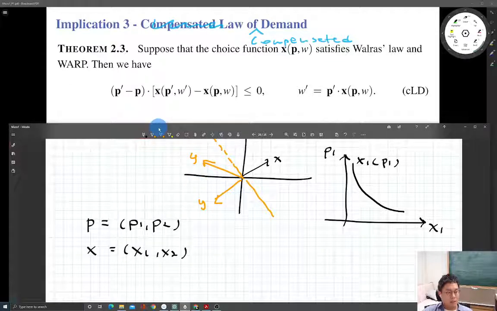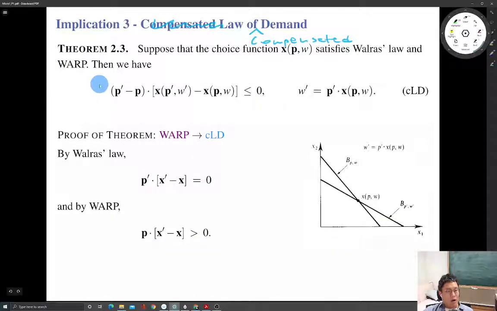If we consider the change in P1 only, then this is the change in price of P1 only, multiplied by the change in demand for good one. That is a negative value. So the change in price of good one and the change in demand for good one will move in the opposite direction. That is the law of demand.